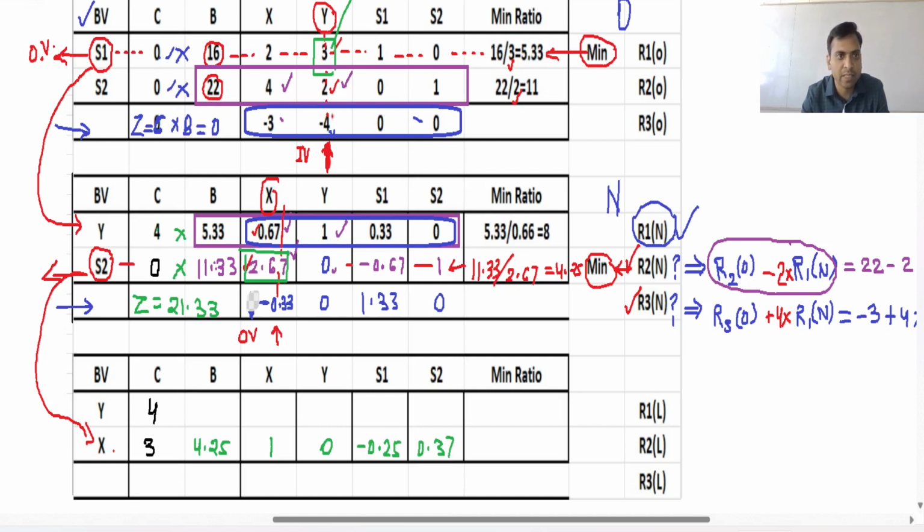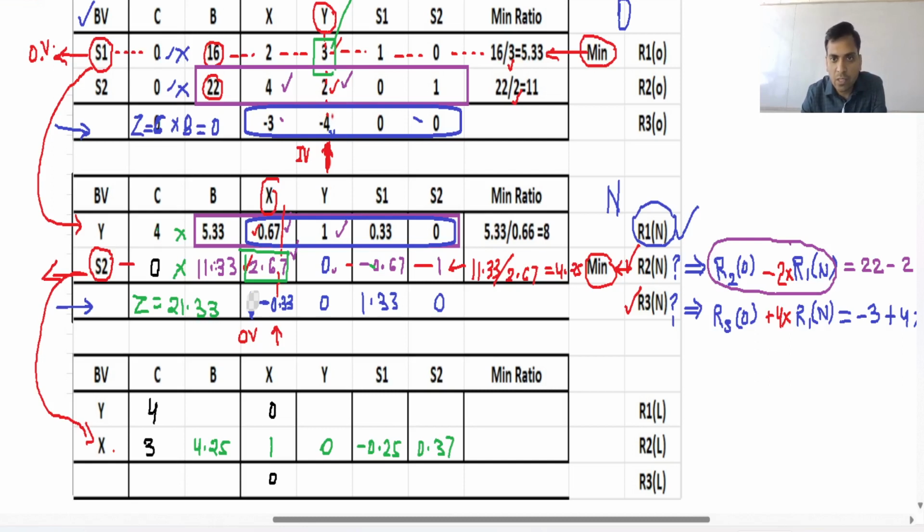We have divided this second row by the key element 2.67, then you will get these. Now for this resultant key element 1, we will put 0 above this one and below this one.